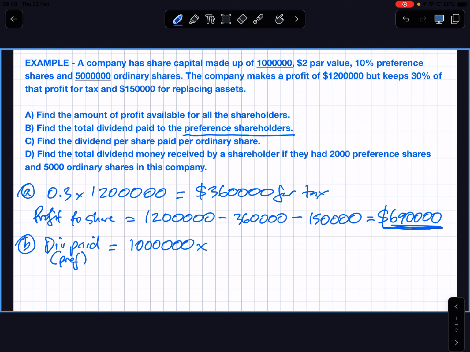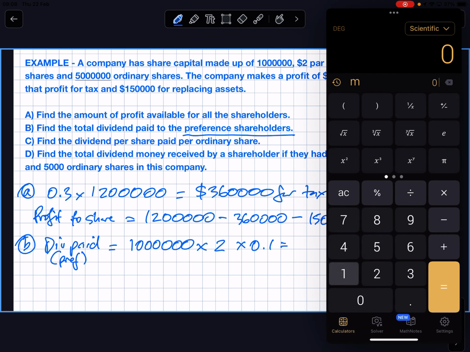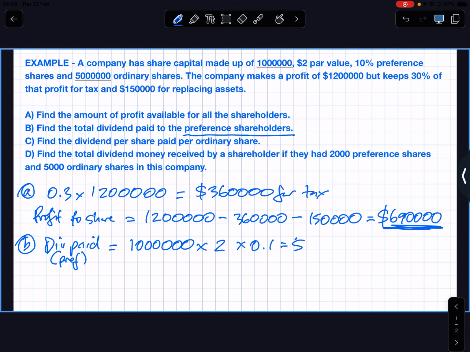What does the question say the par value is? $2 times by what is 10% as a decimal? 0.1. 1 million times by 2 times by 0.1. So the preference shareholders are going to share 200 grand. They must get that.